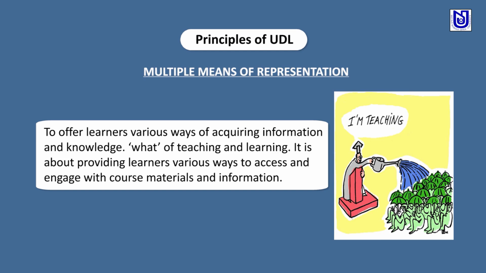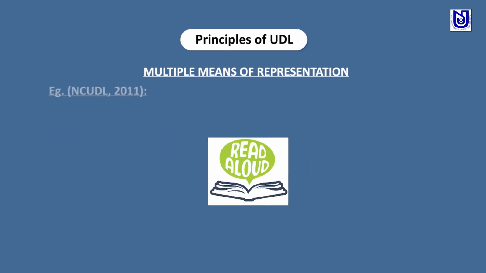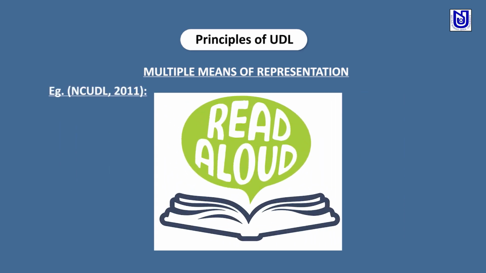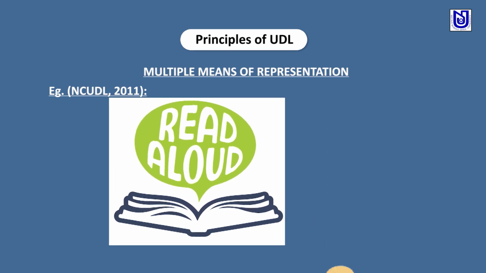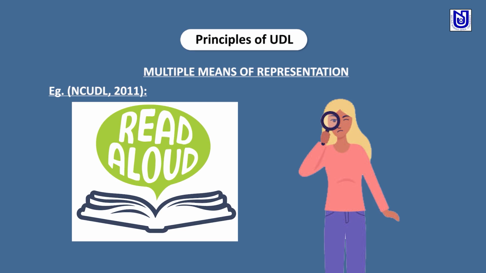The what of teaching and learning means providing learners various ways to access and engage with course materials and information. I can give you some examples, like read aloud. Those who have vision problems can benefit from this read aloud technique.